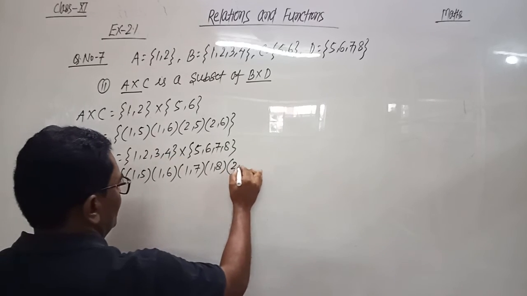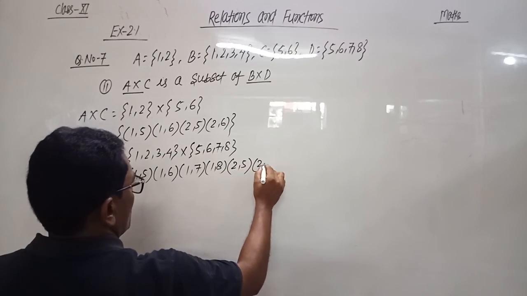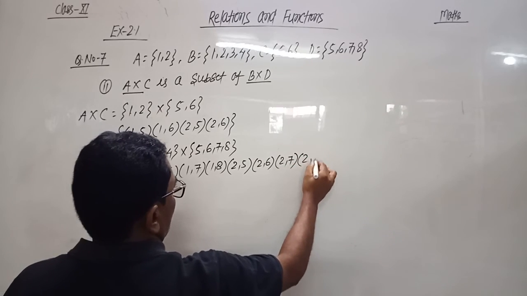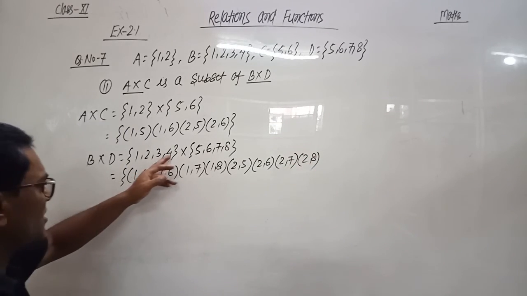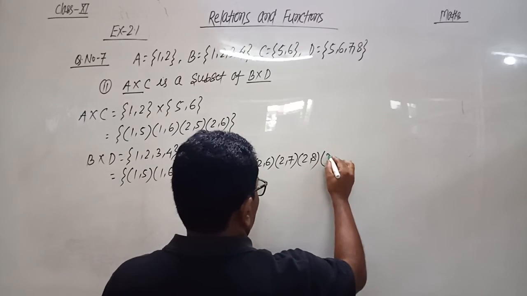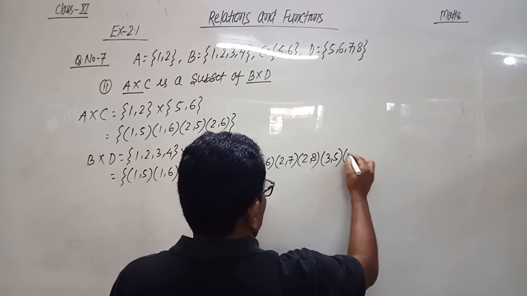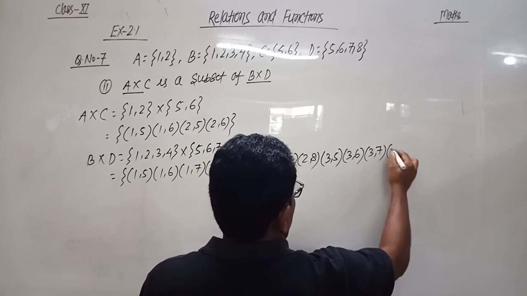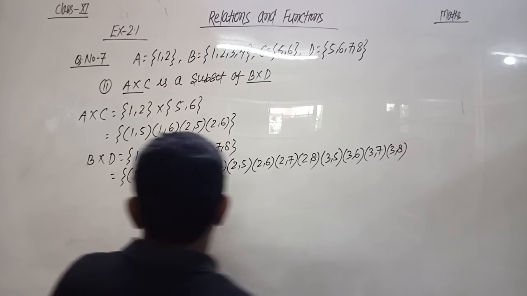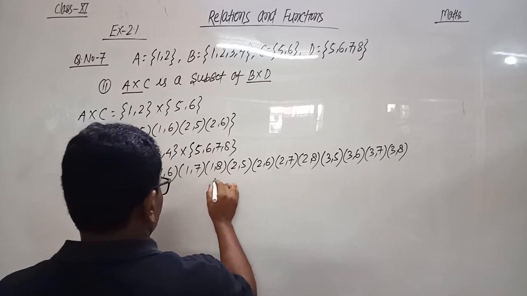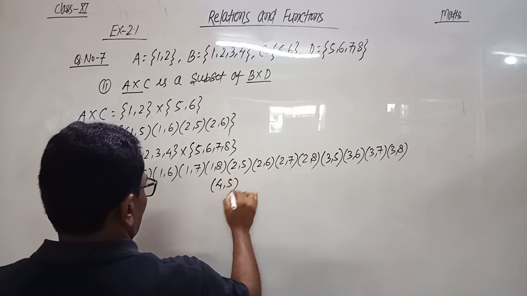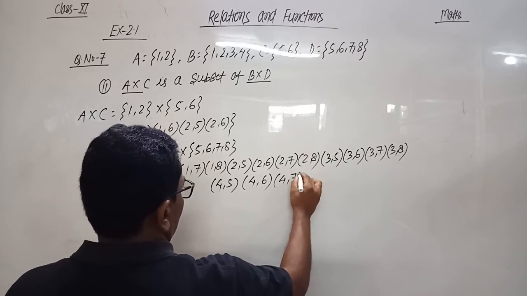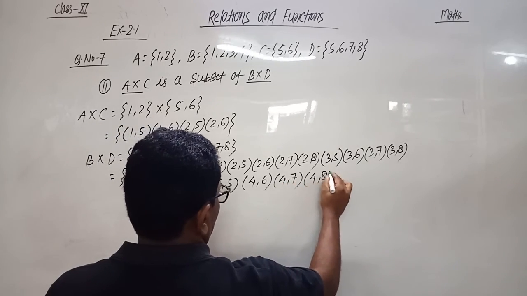Then 2 comma 5, 2 comma 6, 2 comma 7 and 2 comma 8. Then 3 comma 5, 3 comma 6, 3 comma 7 and 3 comma 8. Then 4 comma 5, 4 comma 6, 4 comma 7 and 4 comma 8.